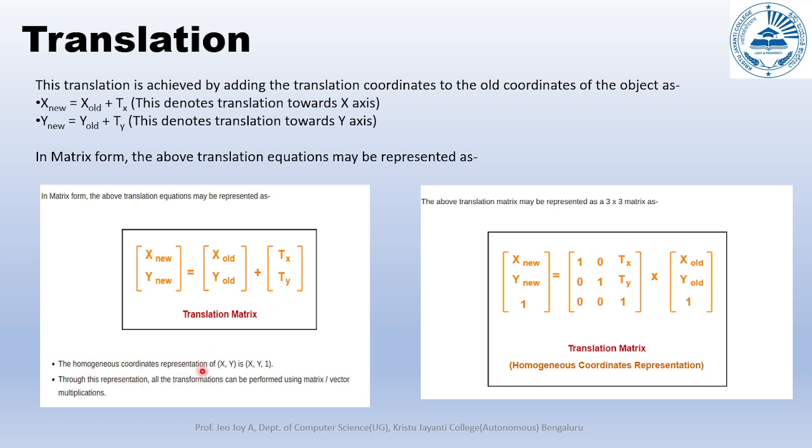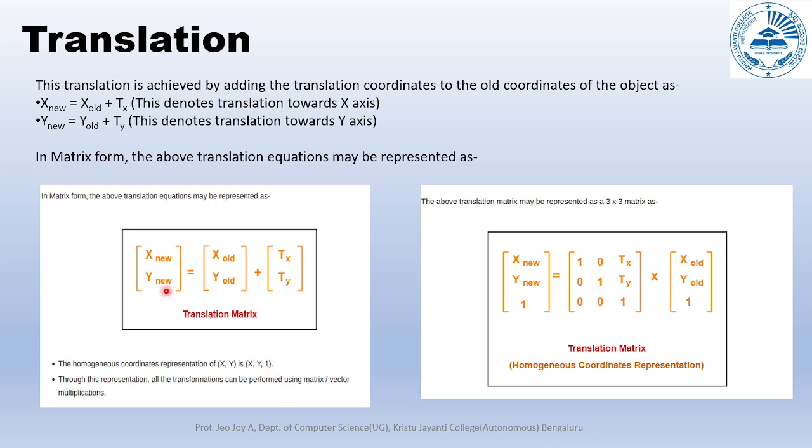Now we can represent this Cartesian coordinate x, y in terms of the homogeneous coordinate triplet x, y, 1, where the homogeneous factor is taken as unity.